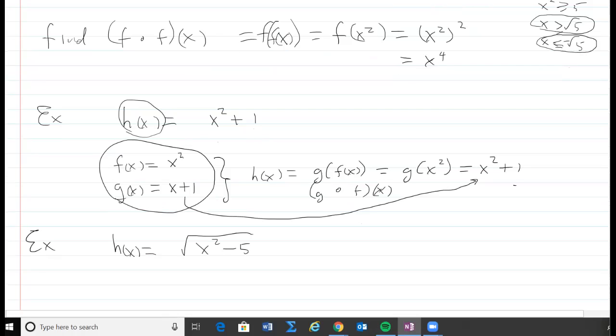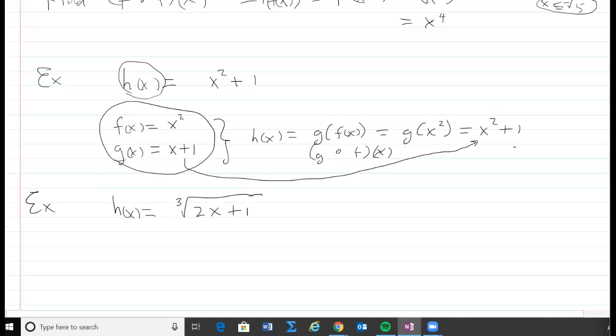No, you know what? That's too obvious. We already worked with that one. Let's make it the cube root of 2x plus 1. Remember, these are not unique, but let's come up with a composition of two functions.